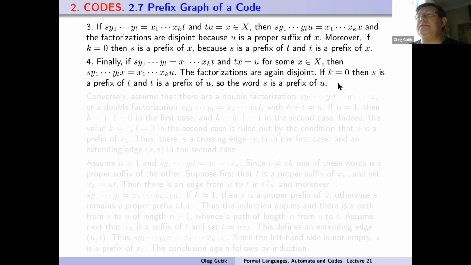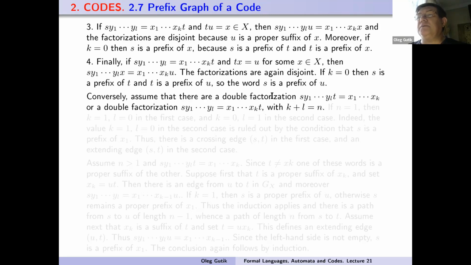If k is equal to 0, then the word s is a prefix of the word t and t is a prefix of the word u, so the word s is a prefix of the word u.